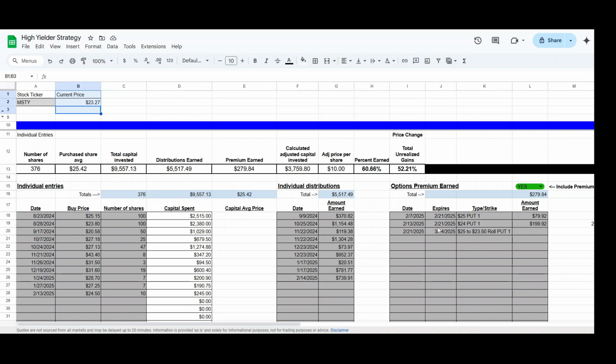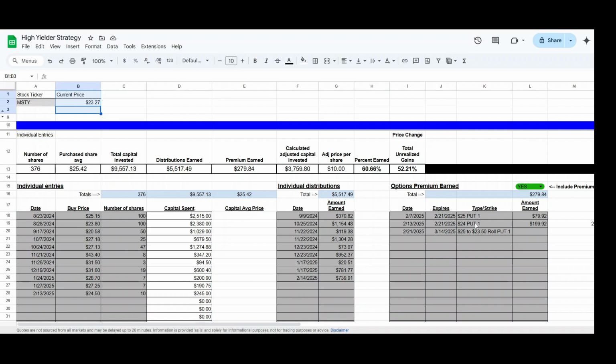Again, both expire today, so I had a choice. I could let them be and they would just get assigned, and I would own 100 shares at $25 and another 100 shares at $24.